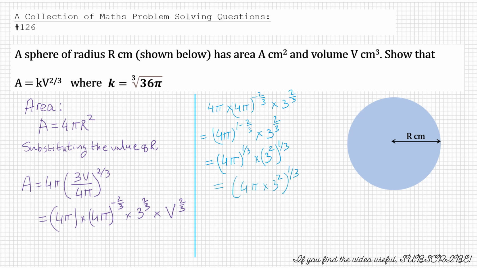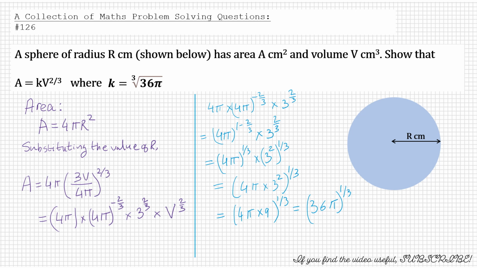So we can write that equals 4 pi times 3 squared, the whole thing to the power 1 out of 3. And that equals 4 pi times 9 to the power 1 out of 3. And that gives us 36 pi to the power 1 out of 3.